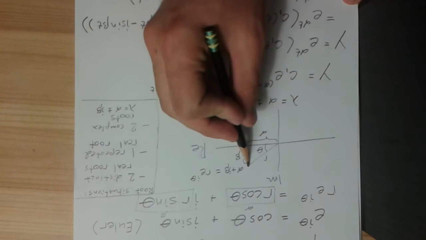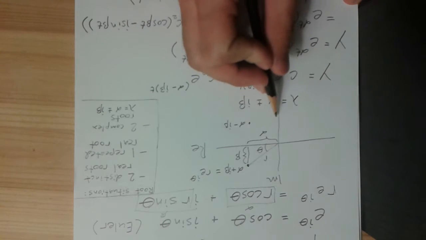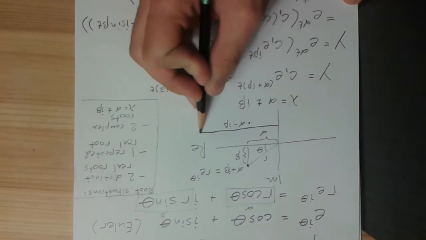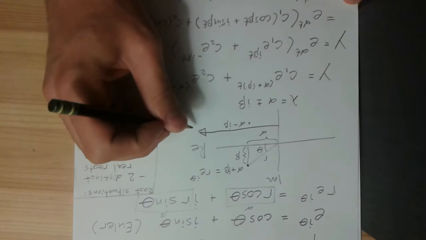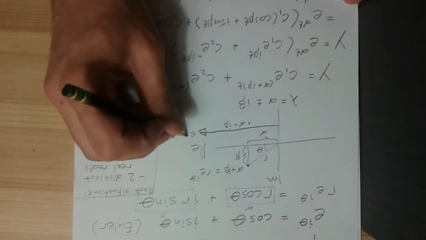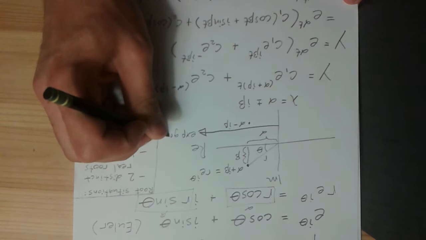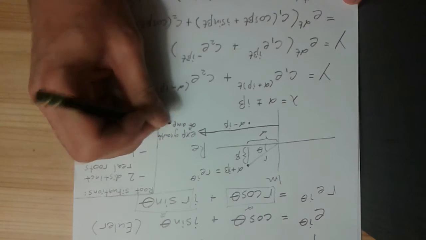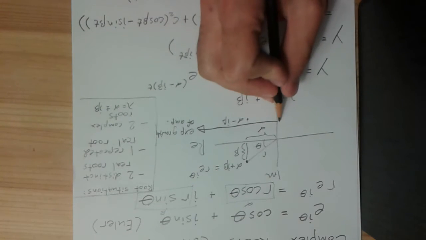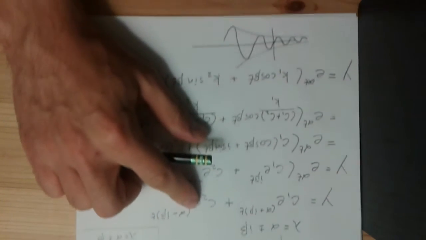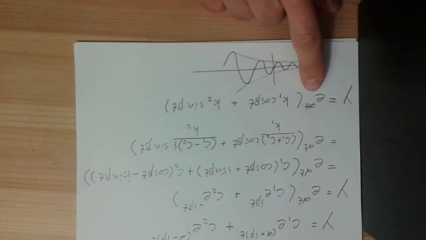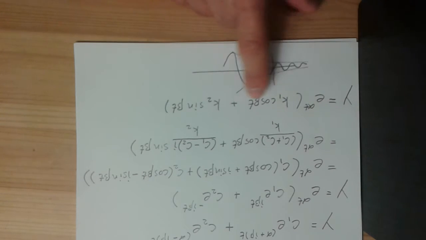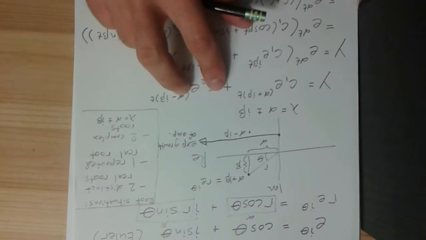So if we take our root, the further you slide it this way, this would be like exponential growth of amplitude. And if alpha was 0, then your amplitude would stay constant.